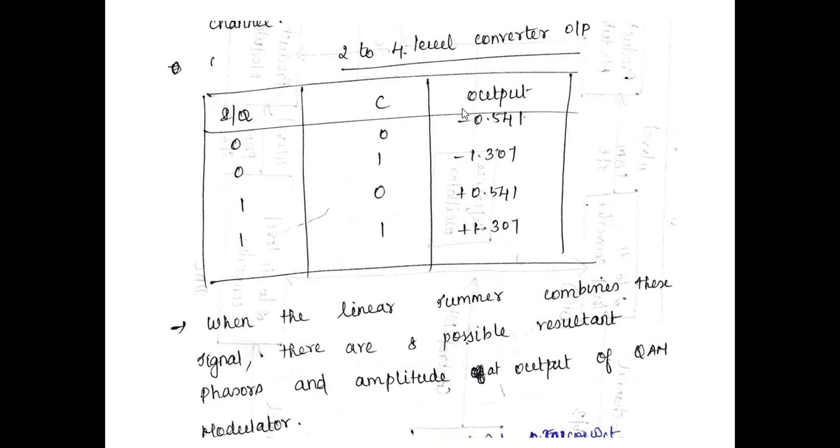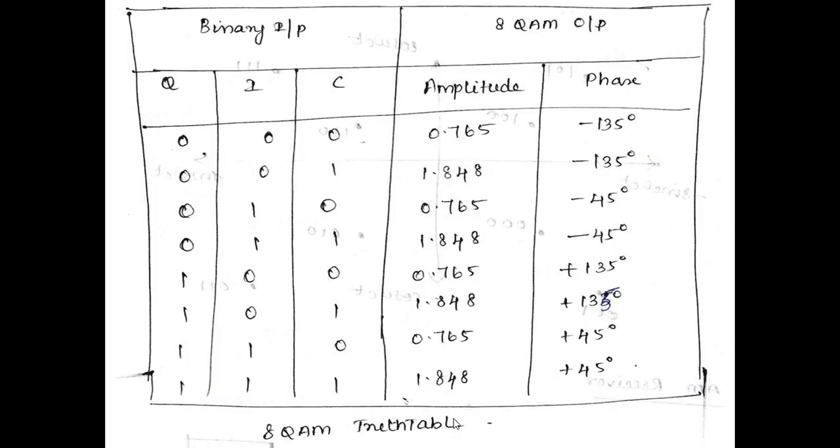So there are 4 possible amplitude magnitude changes. When the linear summer combines the signals, there are 8 possible results, 4 from in-phase and 4 from quadrature phase, and similarly 4 different resultant amplitudes at the QAM modulator output.